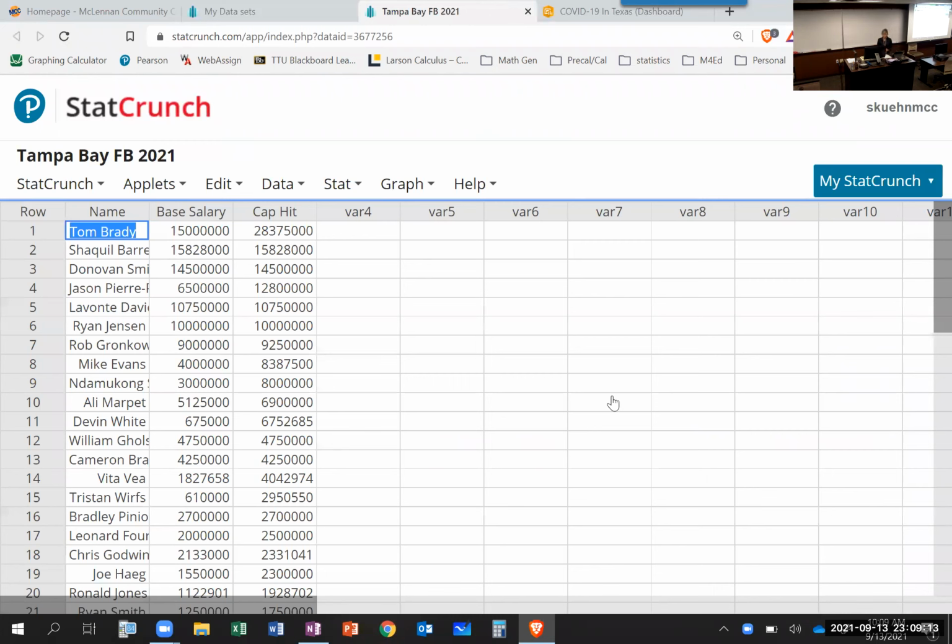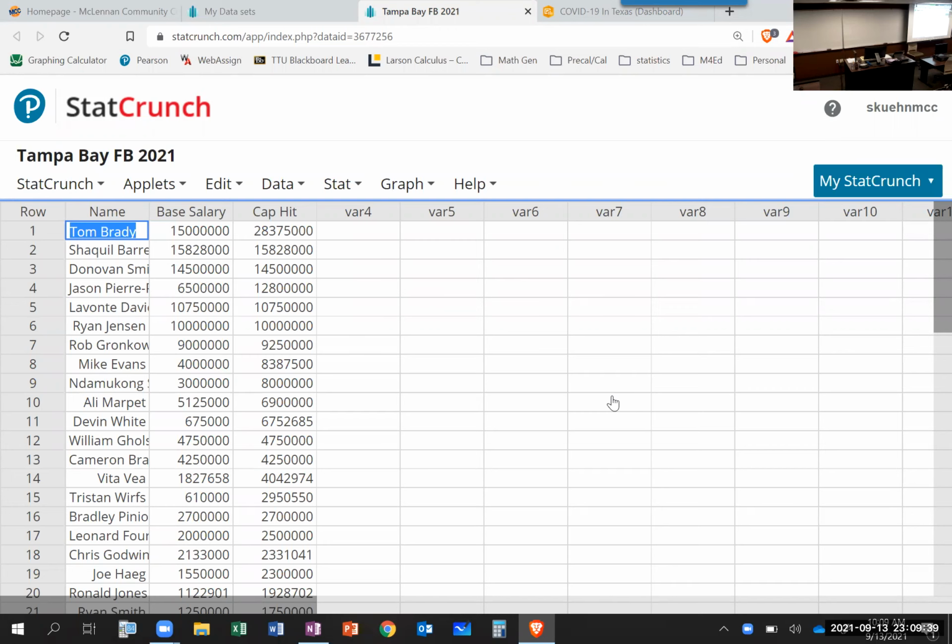All right. So here I have some data for the salary for the Tampa Bay football team from last year. I think they were the ones who won the Super Bowl last year, if I'm not mistaken. This was the salary for that starting season, and it can be found on the internet.